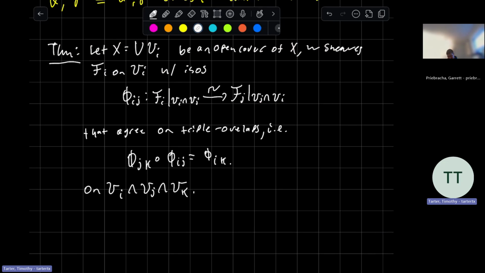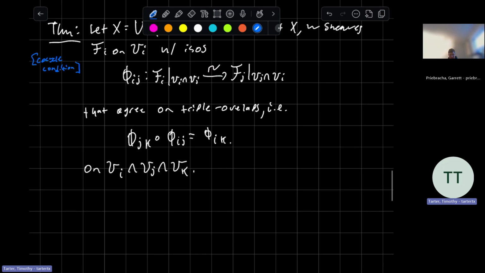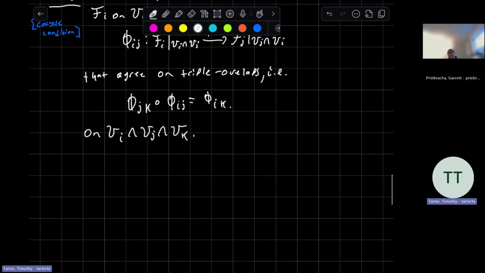This is called the cocycle condition. And this is something that we've encountered in homological algebra. These sheaves can be glued together into a sheaf on X.